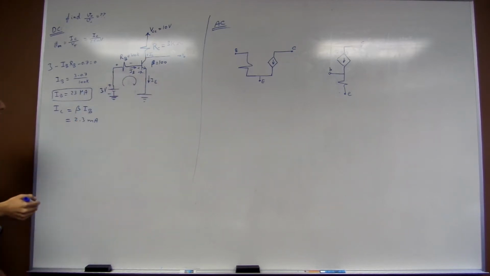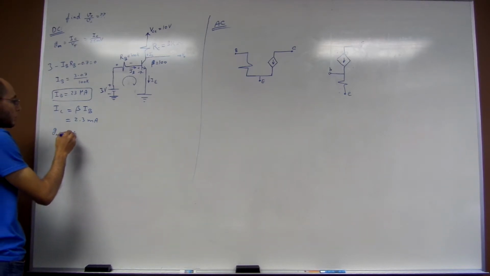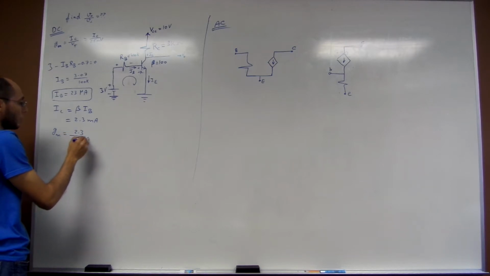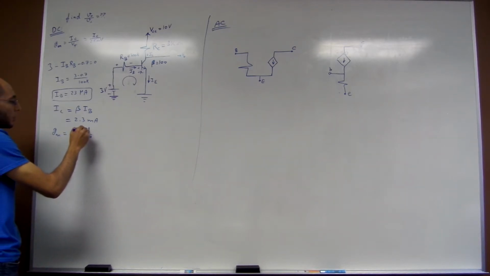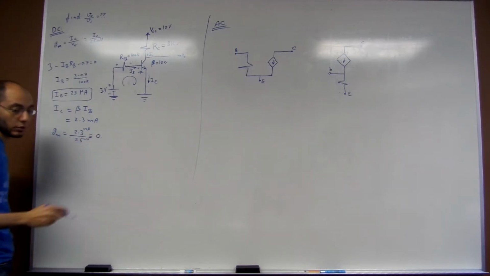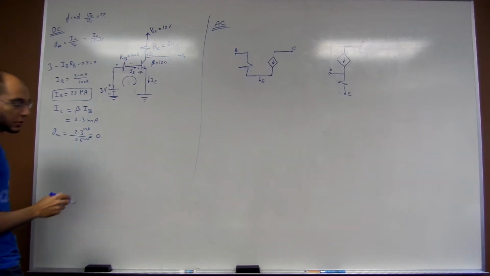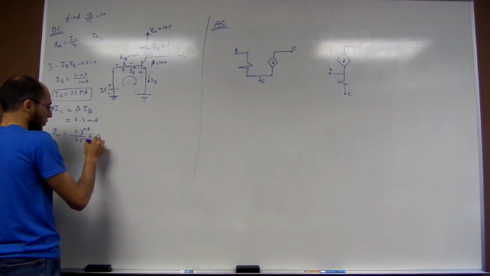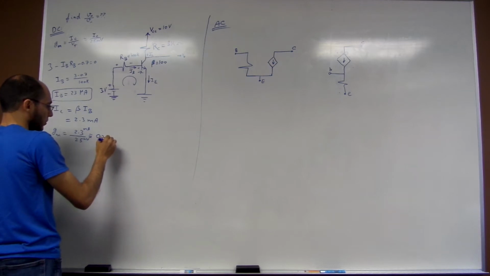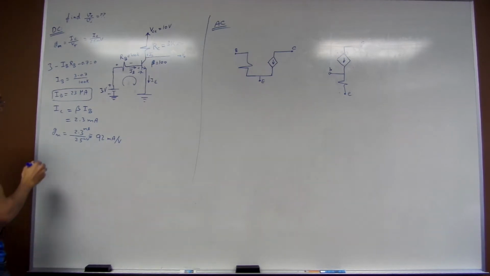Do the multiplication, you get 2.3 milliamperes, which means that gm is equal to 2.3 over 25, milliampere over millivolt, which is roughly 92 milliampere per volt.